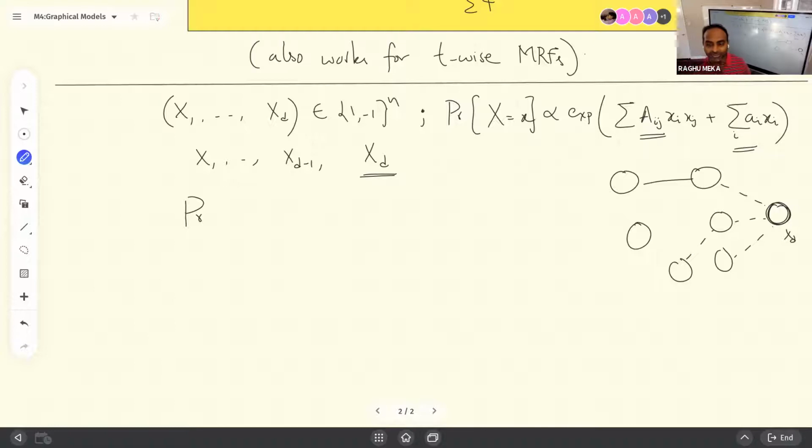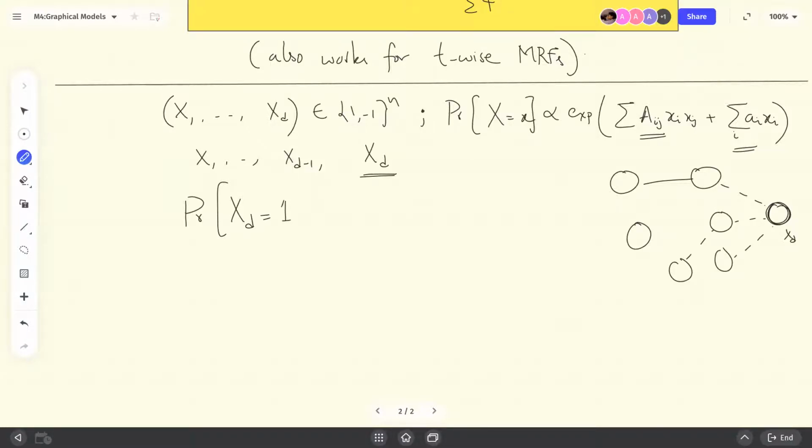Here's a qualitative question: how does an assignment to x_1 through x_{d-1} influence x_d? What's a quantitative form of that? What's the probability that x_d equals 1 given x_1 to x_{d-1}? Exactly. Let's say I'm interested in the conditional distribution of x_d given everything else.